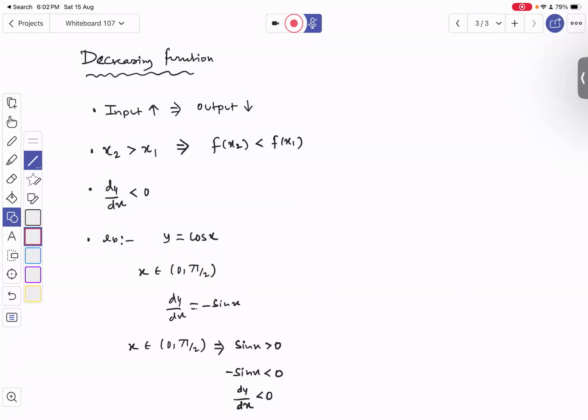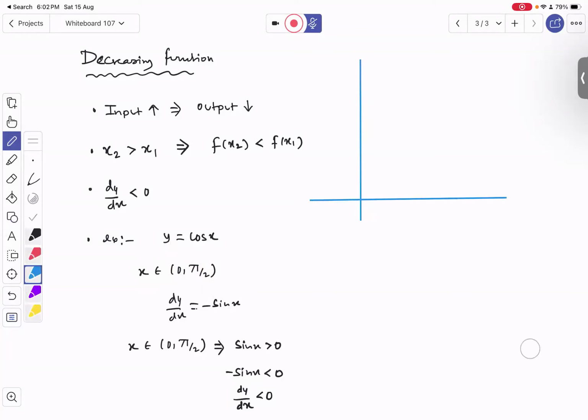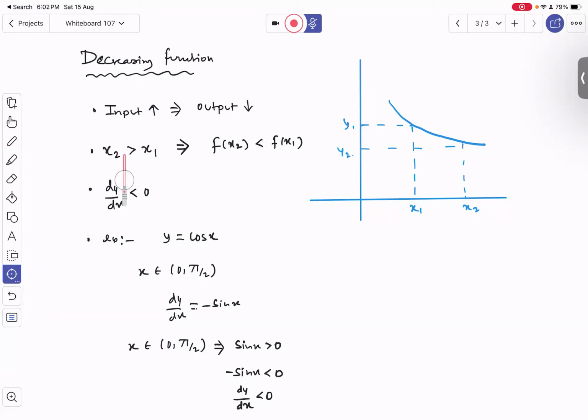And the graph of such a function, wherever it has a decreasing trend, might look somewhat like this. So here is an input x1 where the output you see is y1. Here lies another input x2 where the output is y2. So is it not satisfying x2 more than x1? Then the output at x2, which is y2, is less than the output at x1, which is y1.